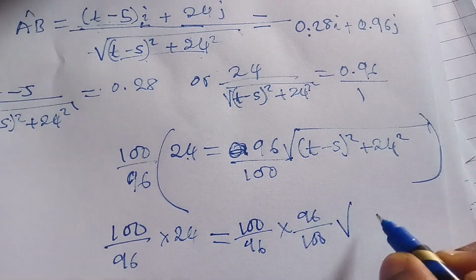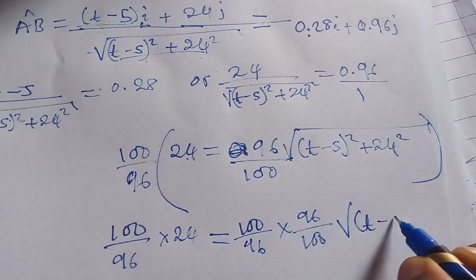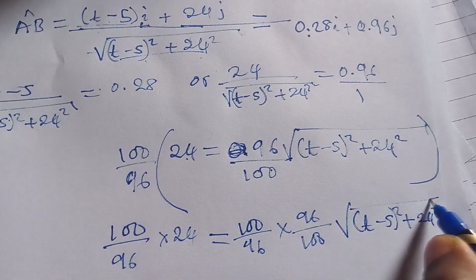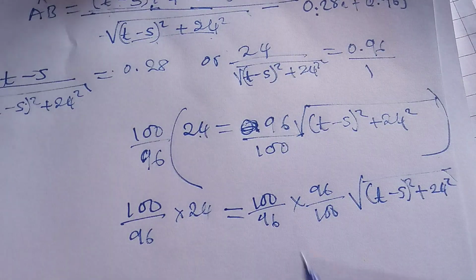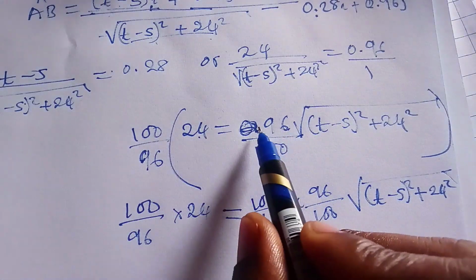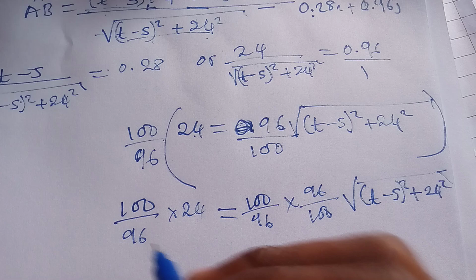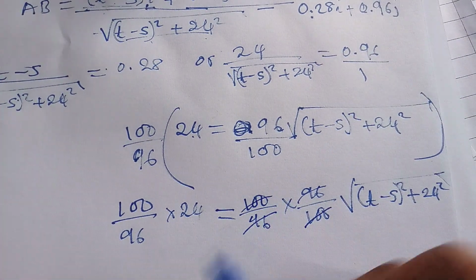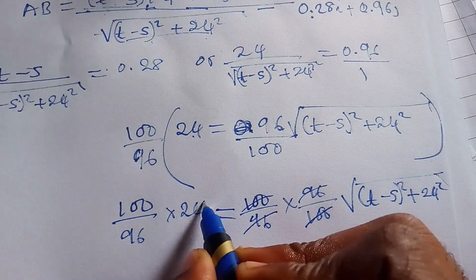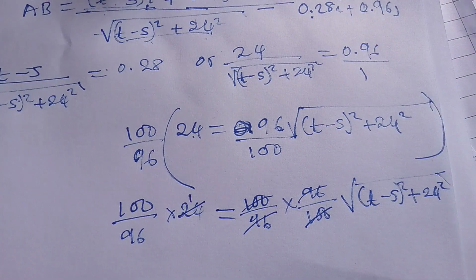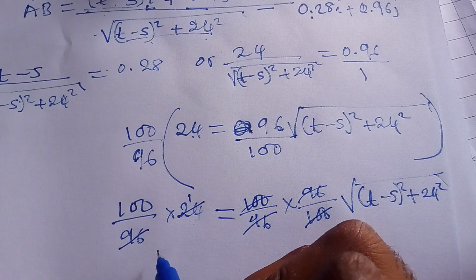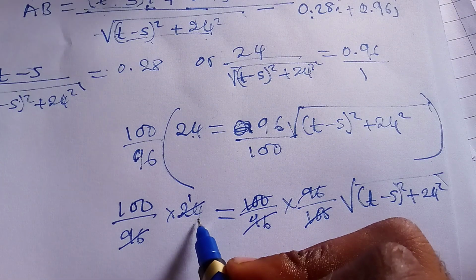I don't have my calculator, this is why I'm doing this, but if you had your calculator you can just divide both sides by 0.96, and then this into this is 1, this into that it's 1, and then 24 into 24 it's 1, 24 into 96, that should be 4 times, I think.